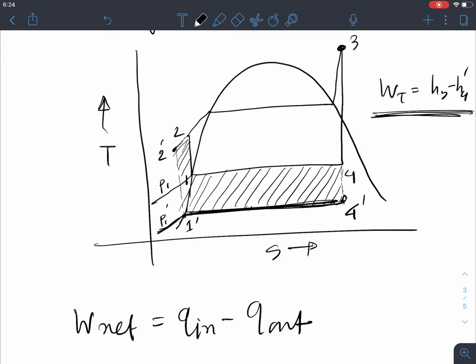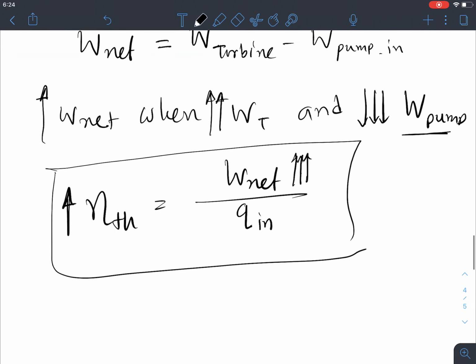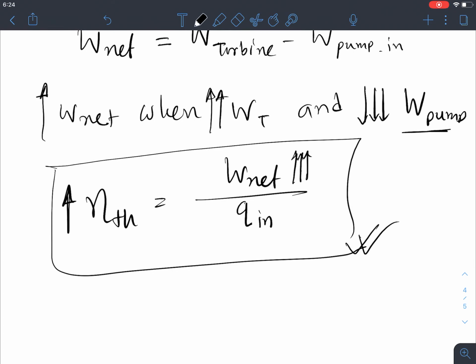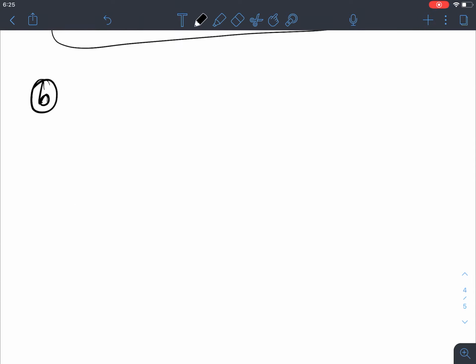In this case the difference is higher compared to H4, where W_T equals H3 minus H4. So the turbine work is increasing and ultimately increasing the cycle efficiency. This is one step we could take to modify the Rankine cycle to increase the efficiency. Another thing we could do, number B, is superheating the steam to high temperature.